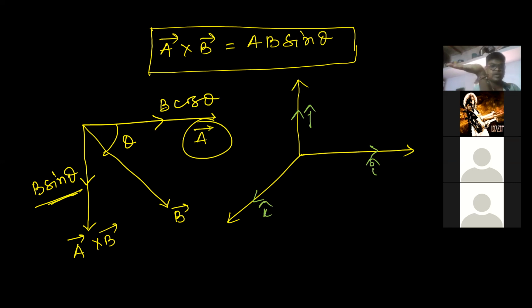Now if I rotate from the horizontal position in the anti-clockwise direction, in this direction, that means I am finding the cross product of i cap and j cap. So it will be like this. Our thumb will show the direction of the product. Now my thumb is showing in the backward direction.